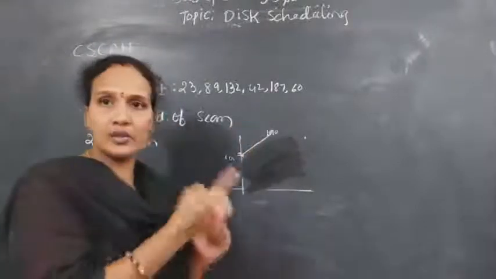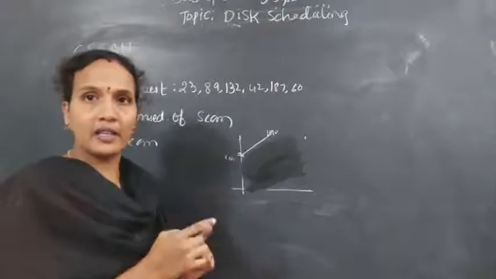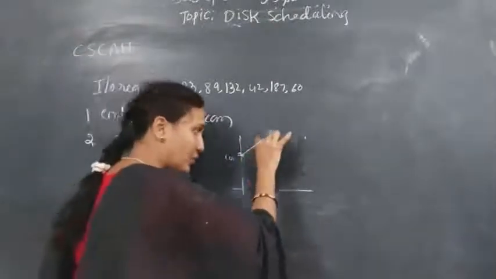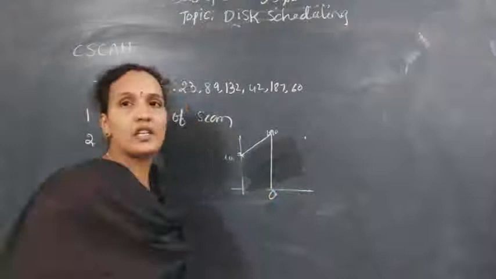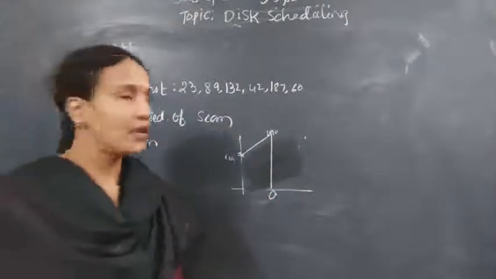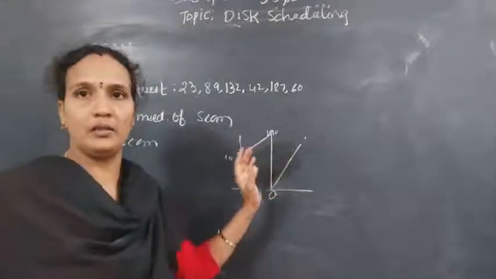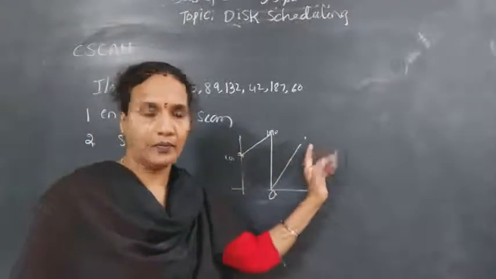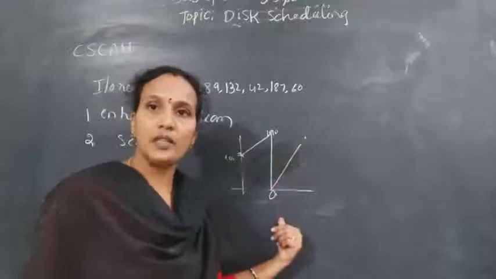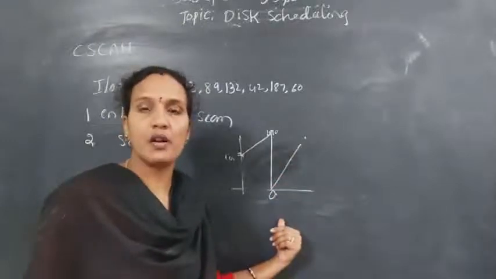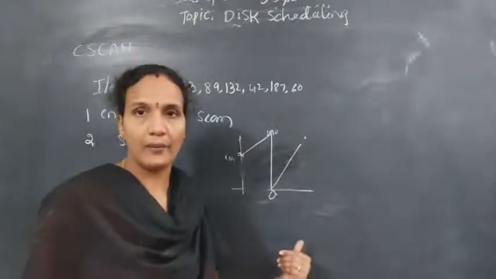When it reaches the other end, immediately it will come to the initial point, the starting of the head. Again it will start. So every time it reaches the end, immediately it will come to the initial point. That is why it is called circular scan. Understood?